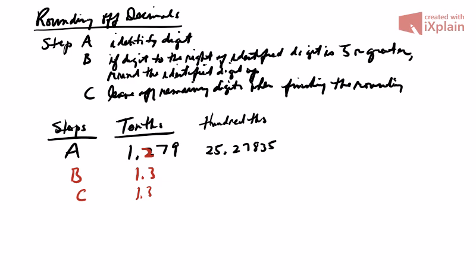So we're going to identify the digit as 7. And we're going to look one place to the right of the identified digit for step B. If it's 5 or greater, we're going to round the identified digit up to the next higher number, which is 8. So that would read 25.28. So that's 25 and 28 hundredths. And then we just leave off any remaining digits.